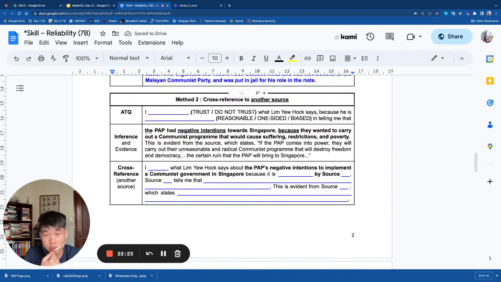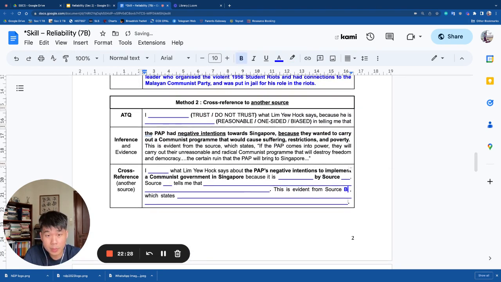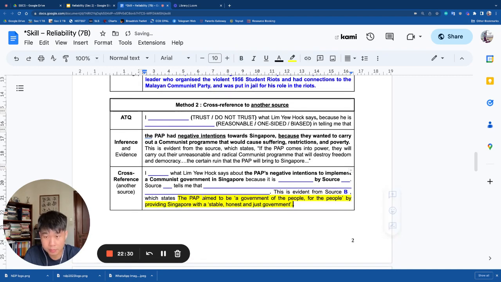So let's look at cross-reference to another source. I'm going to use source B, and I'm going to park the sentence here. So if this was the sentence we want to use, then what are the PAP's intentions?